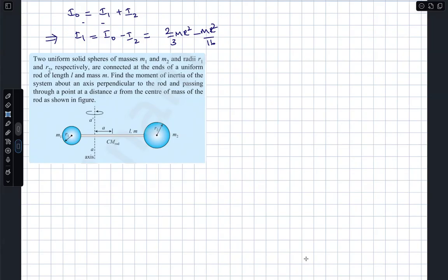Find the moment of inertia of the system about an axis perpendicular to the rod and passing through a point at a distance a from the center of mass of the rod as shown. The first thing that I need to find out is the system.